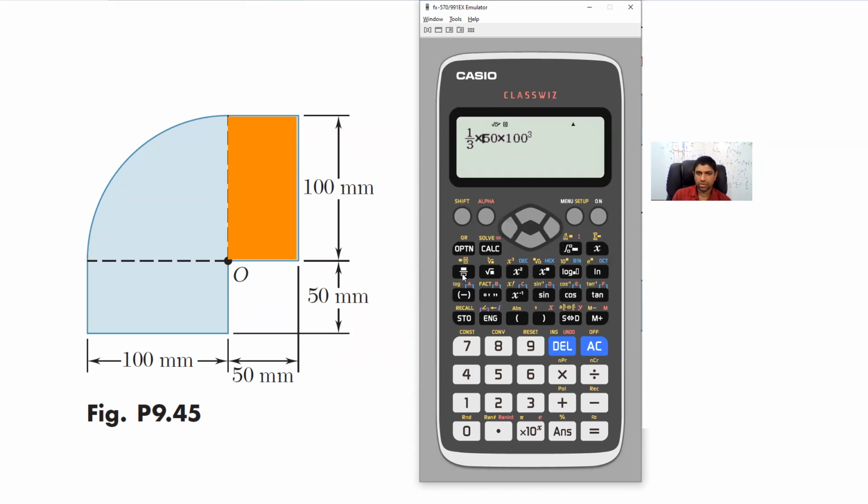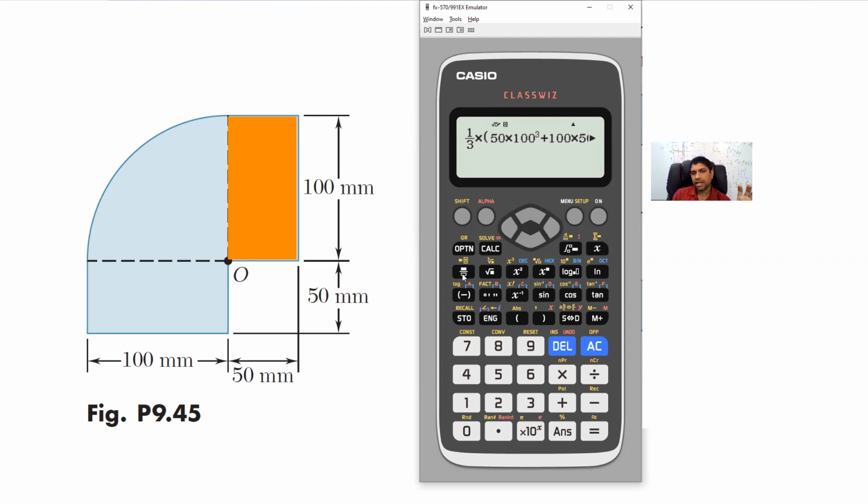Iy is also 1/3 bh cubed, but now b and h are swapped, therefore 100 into 50 cubed. So this is Ix plus Iy, 1/3 bh cubed plus 1/3 hb cubed, for the yellow plane area.